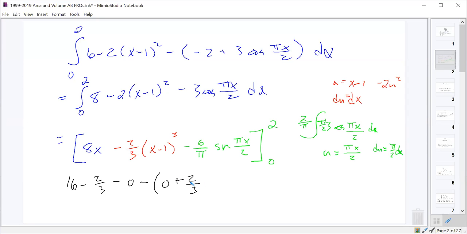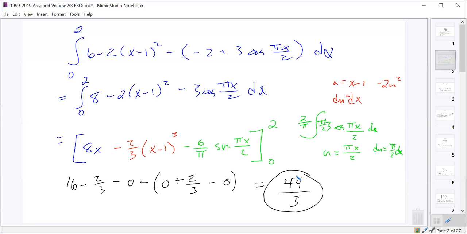And then sine of 0 is 0. So we end up with 16 minus 2/3 minus 2/3. 16 minus 4/3, which ought to be, I believe, 44/3. Everybody good there or no?